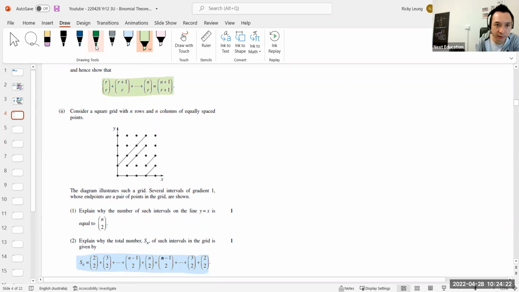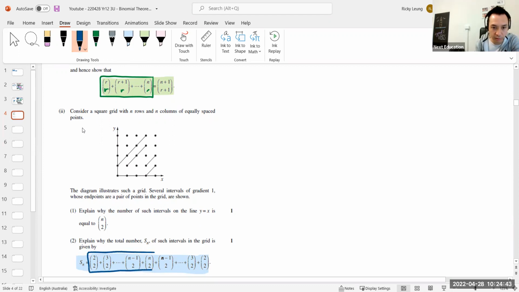Now, how do you look at this? This is how I want you to see it. R, the bottom number there. In this case, R is 2, and say it stops at n. The top number n is n.